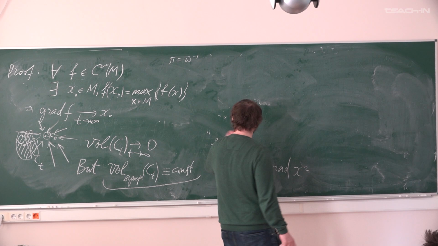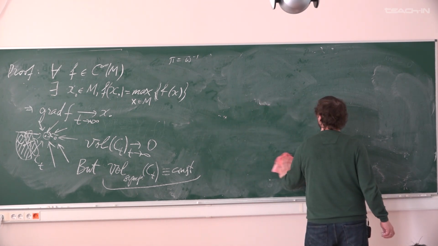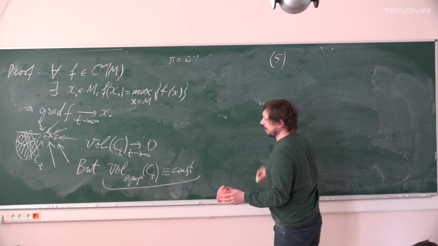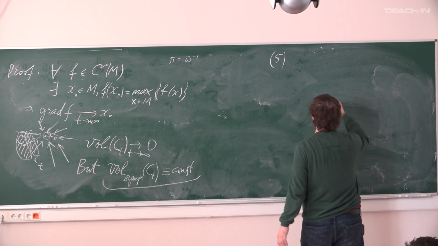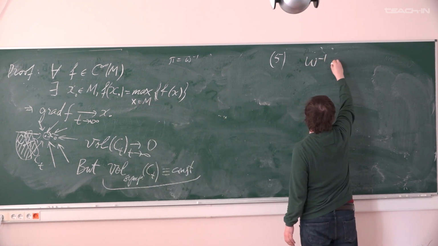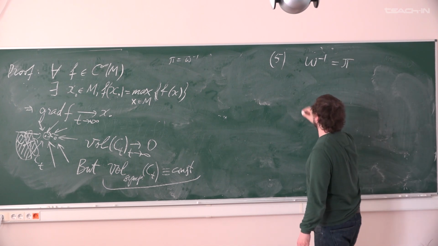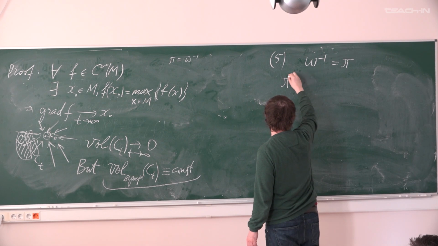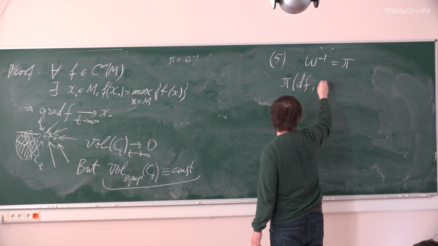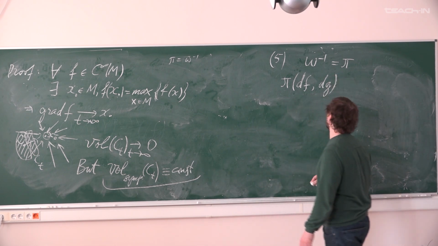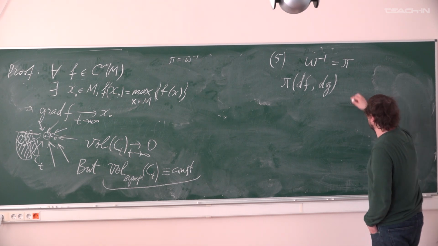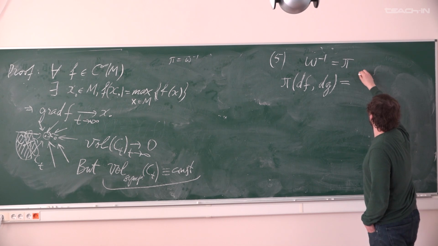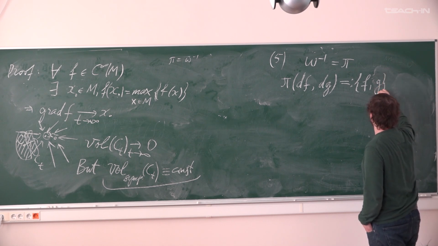Okay, let's go on. Last time I spoke about the Poisson bracket associated with a symplectic form. If you have a symplectic form omega, we can define its inverse by a bivector field pi, and for such pi we can define its value on two covector fields associated with functions, differentials of functions, and what you get is by definition the Poisson bracket of f and g.